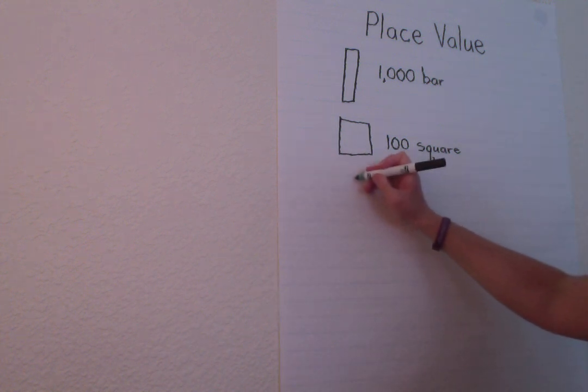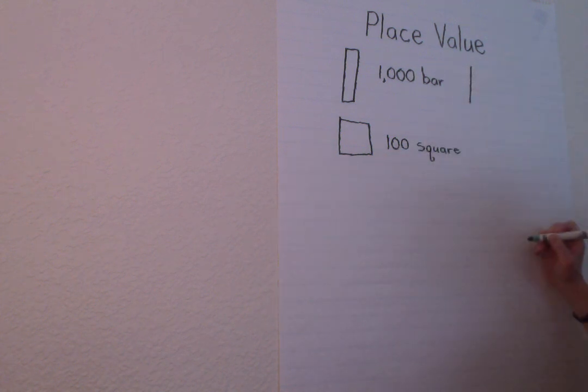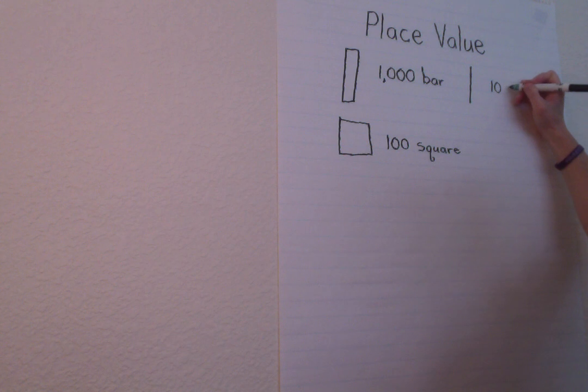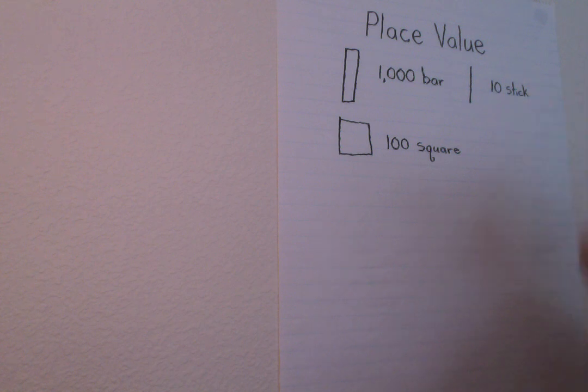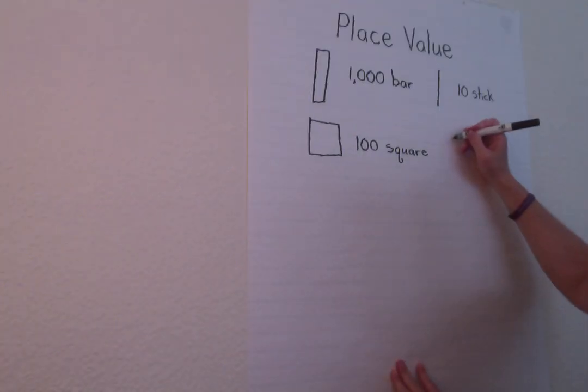So the next one is our 10 stick. I'm going to actually put it over here. This one is thin and it has no thickness to it. And let's label it 10 stick. And finally, there's one more, and that's going to be our 1. It's a cube.